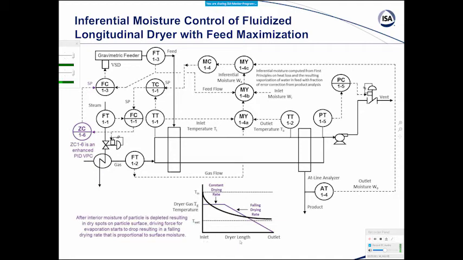So if instead of looking at dryer length here, you look at batch time, with this at the beginning of the batch and then the end of the batch here, you would be seeing the effect of batch time on moisture, and you could take this relationship into account and have more intelligent dryer control.